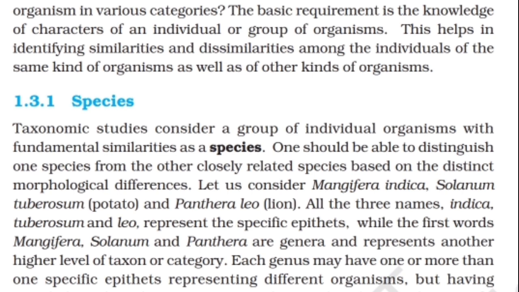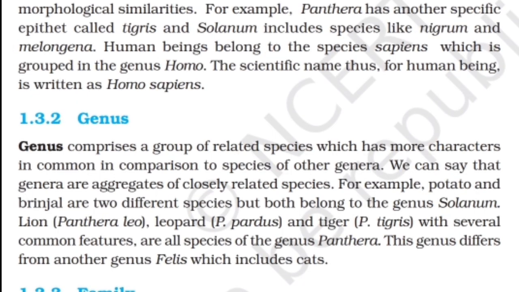Each genus may have one or more than one specific epithet representing different organisms but having morphological similarities. For example, Panthera has another specific epithet called tigris and Solanum includes species like nigrum and melongena. Human beings belong to the species sapiens, which is grouped in the genus Homo. The scientific name thus for human being is written as Homo sapiens.